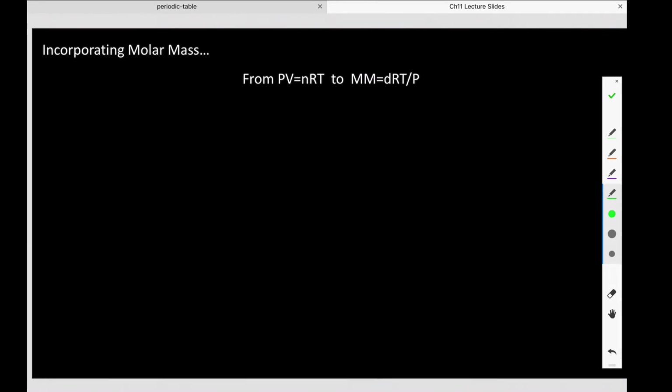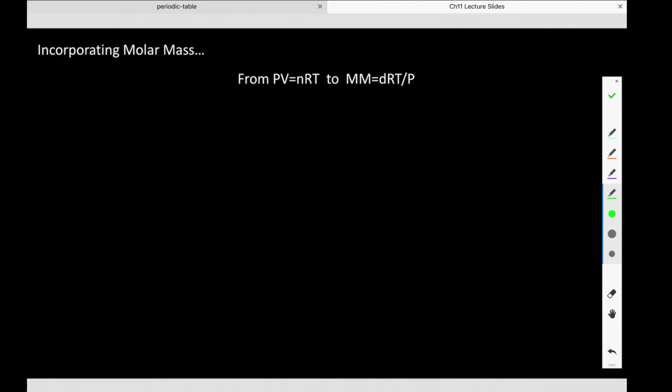Okay, then that brings us to the concept your book goes into, incorporating molar mass into our PV equals nRT. So if we think about what we just did, I can solve for moles. I can take grams times 1 over molar mass.